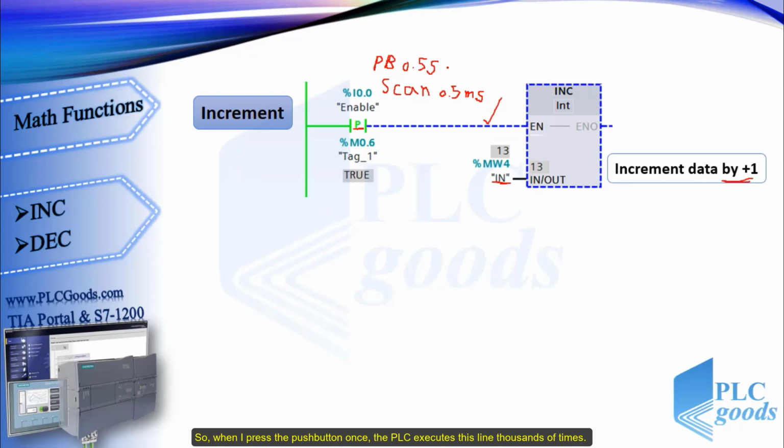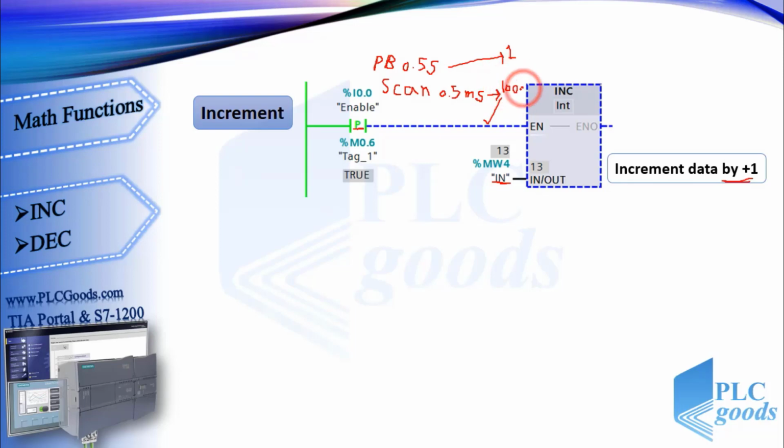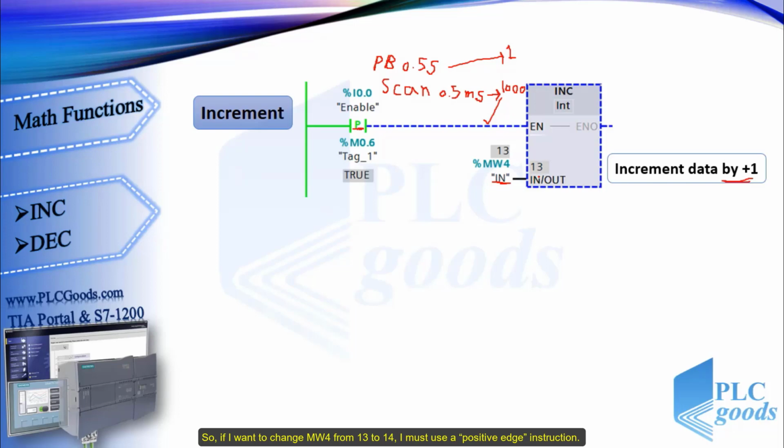So when I press the push button once, the PLC executes this line thousands of times. If I want to change MW4 from 13 to 14, I must use a positive edge instruction. Note that if I use a normally open contact, the MW4 value will be increased rapidly.